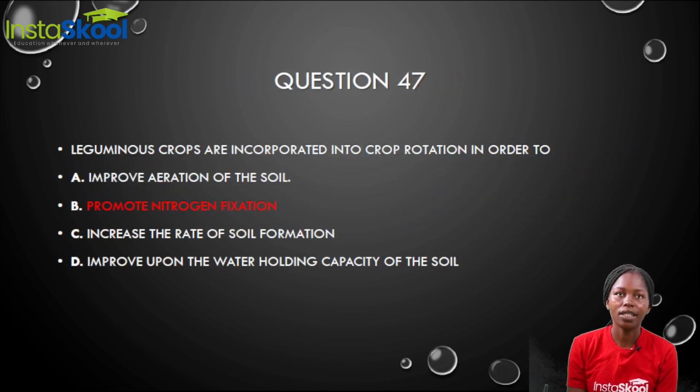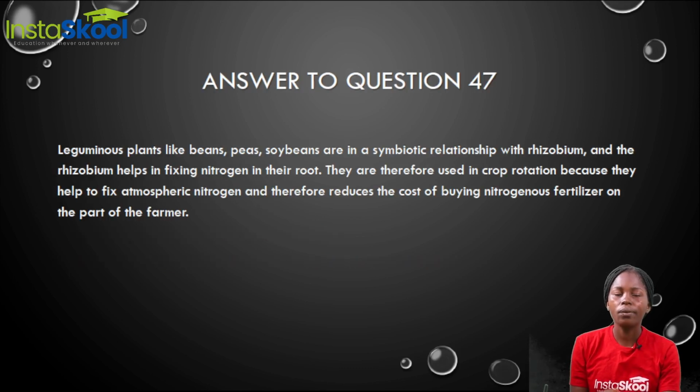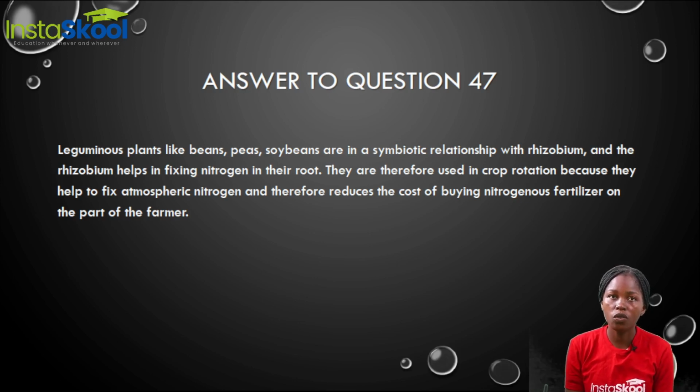Our question 47. Leguminous crops are incorporated into crop rotation in order to dash. Now when we talk about leguminous crops like beans, soya bean, and pea, these leguminous crops are usually in a symbiotic relationship with rhizobium. And this rhizobium helps to fix nitrogen in the roots of these leguminous crops.